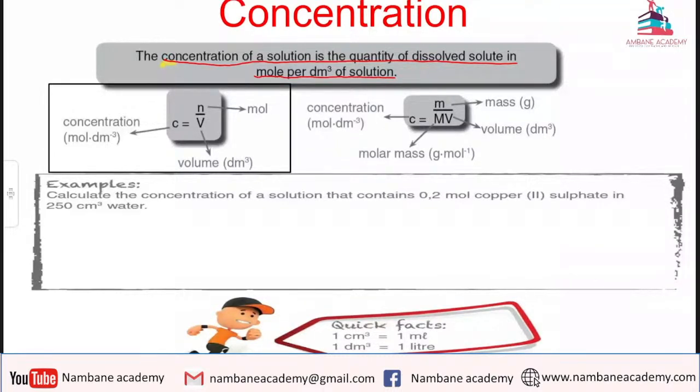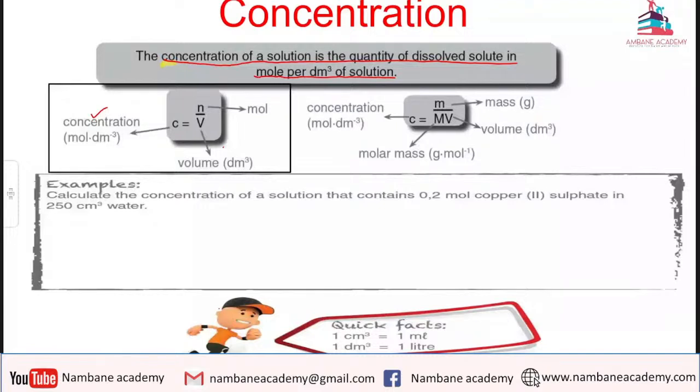Ladies and gentlemen, the equation is straightforward. It's C is equal to n over V. So it is the very same equation that relates also the number of moles. So what does this say to me in general? It says everything looks like it is surrounded by the mole concept. So the emphasis should be on the mole concept itself.